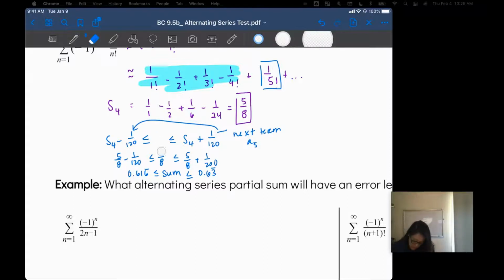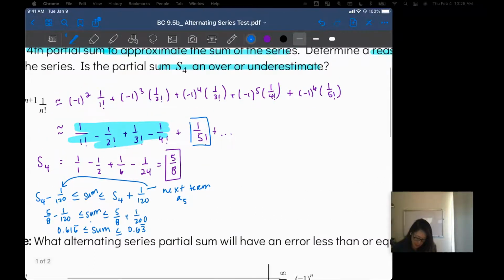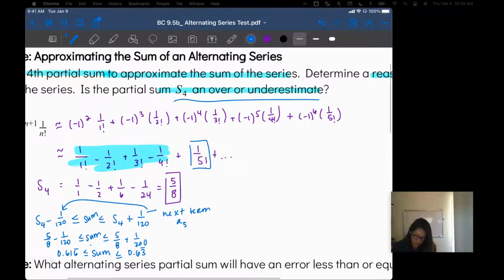This needs to be the actual sum, not S sub 4. So the actual sum is in between S sub 4 minus the error and S sub 4 plus the error, okay? So the last part is: is S sub 4 an overestimate or an underestimate of the sum?